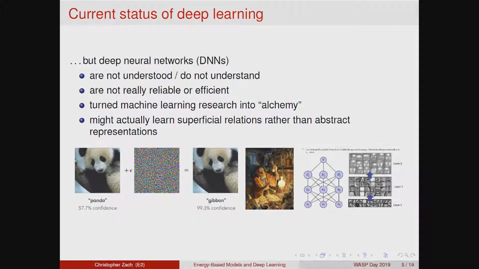And yesterday and today there were numerous talks mentioning some of these problems. And at the end of the day, you can summarize it, I guess, as follows. Deep networks are very successful. But first, we don't really understand what's going on.